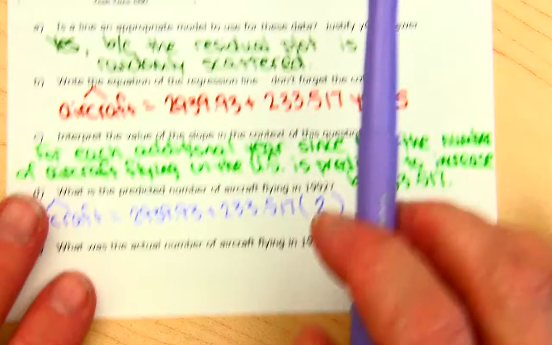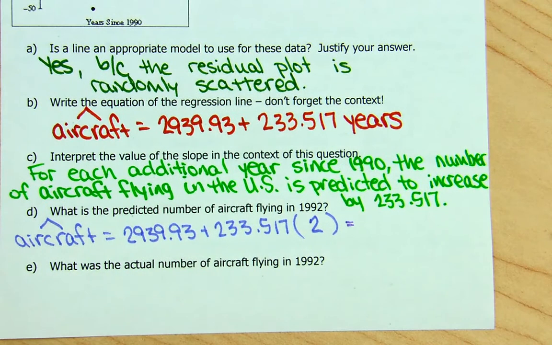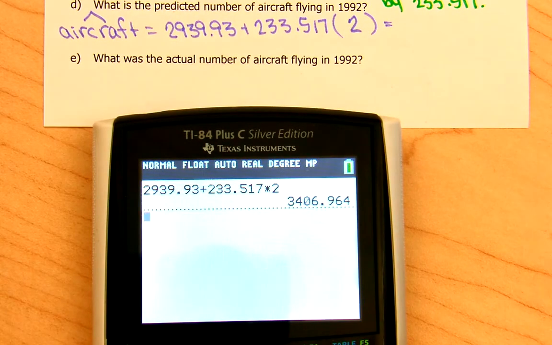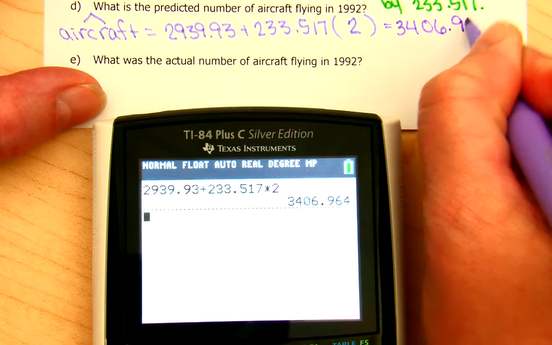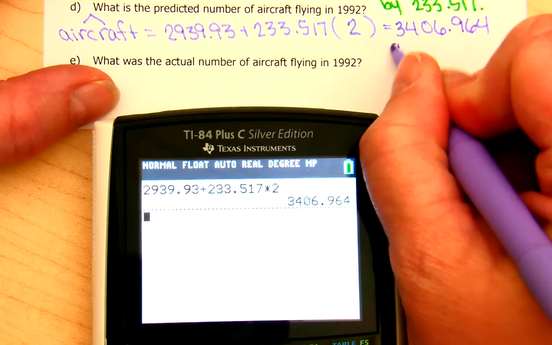Right? Because remember, the year 1990 was year 0. So 91 would be 1, 92 would be 2. And then you're just going to do this on your calculator. So do that. I get 6.964 commercial aircraft.